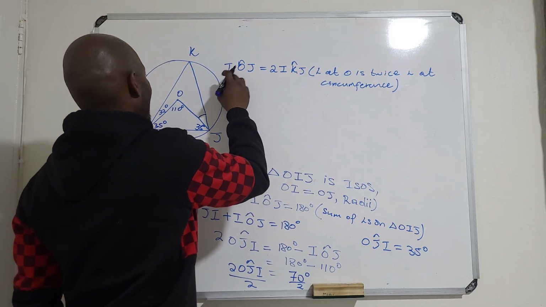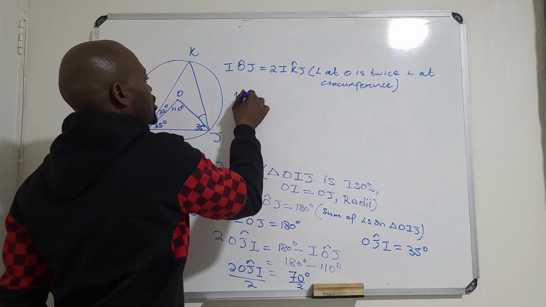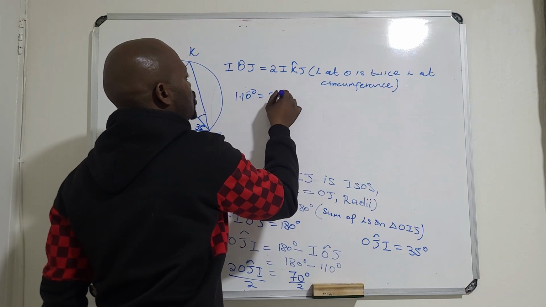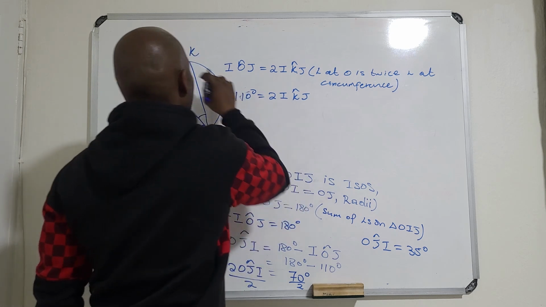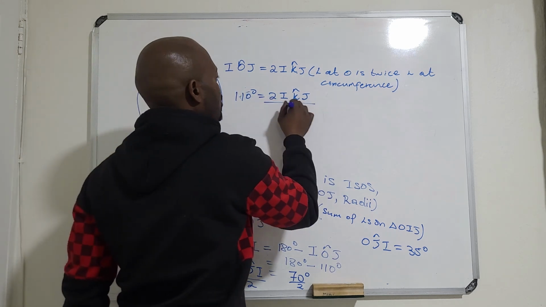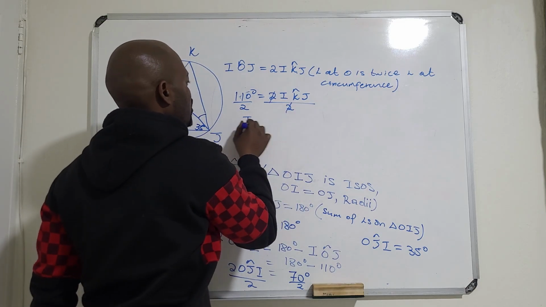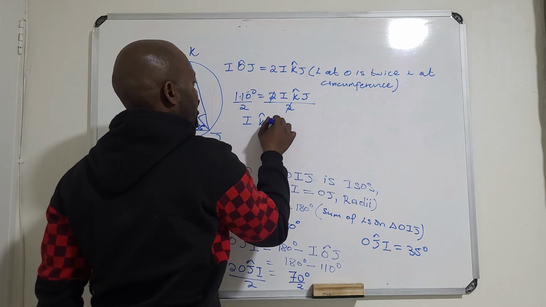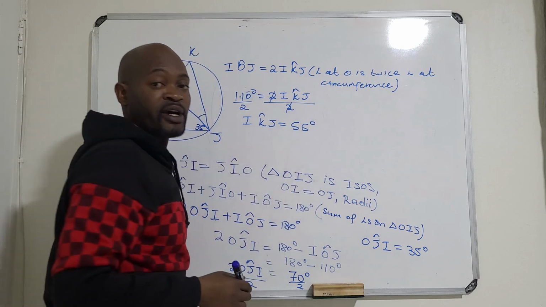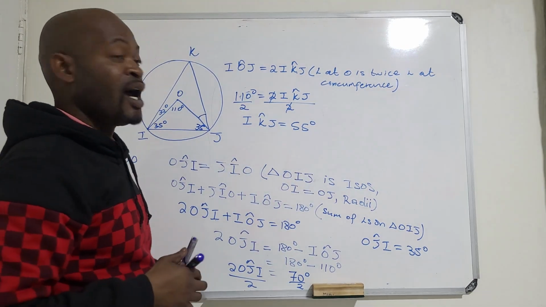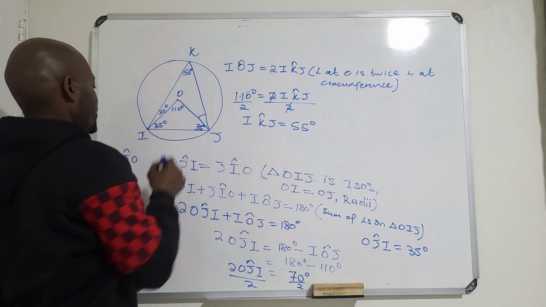Now, angle IOJ is 110, which is equal to 2 angle IKJ. We can find this angle by dividing by 2, dividing by 2. Then we've got angle IKJ is equal to 55 degrees. Now, we now have this angle there, which is 55 degrees.